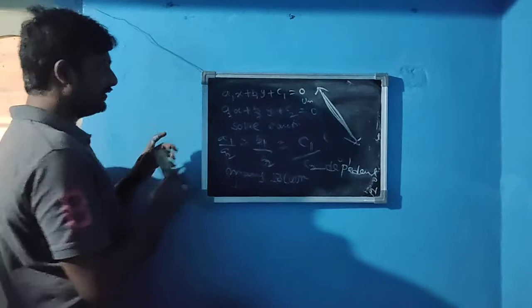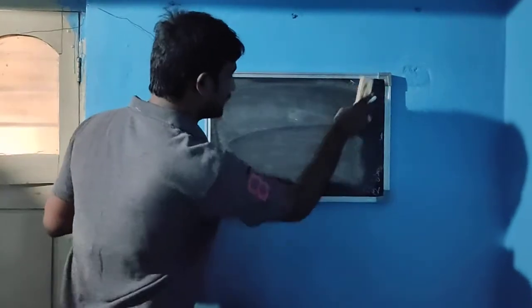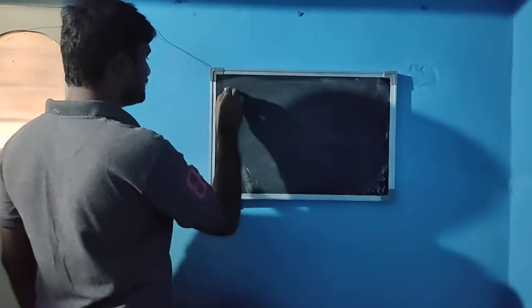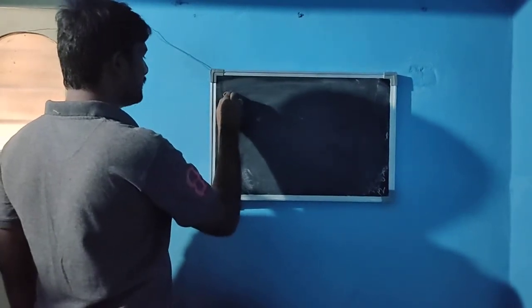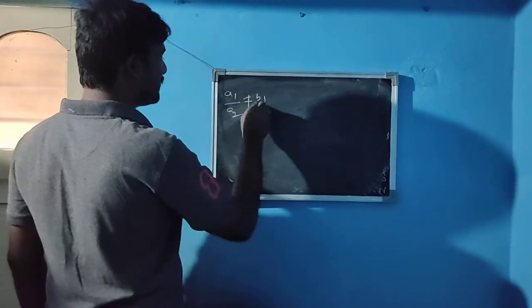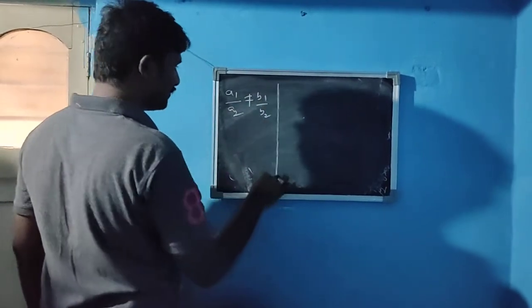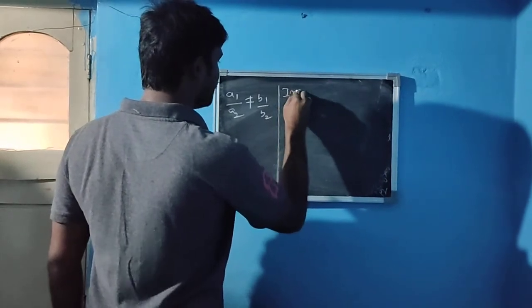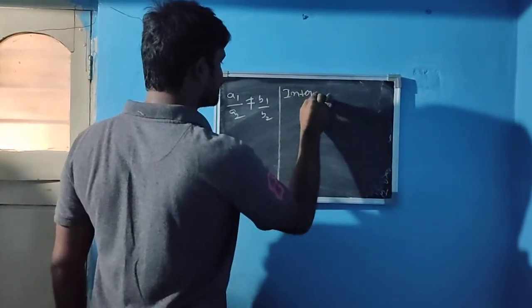You can simply write it like this, everyone. First one is a1 by a2 not equal to b1 by b2. This is called intersecting lines.